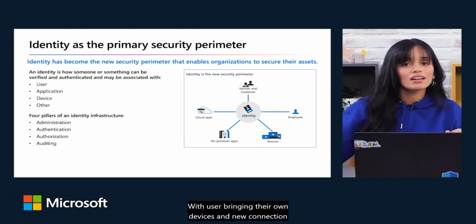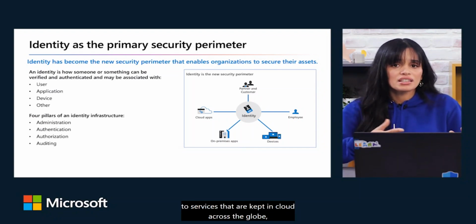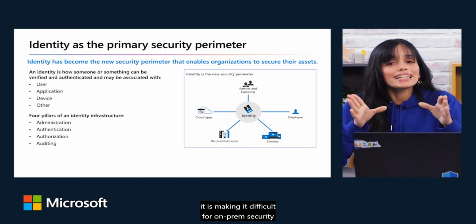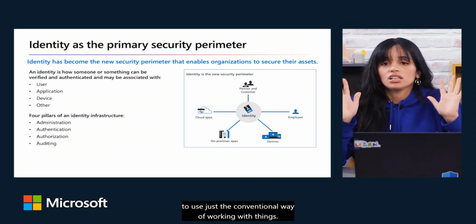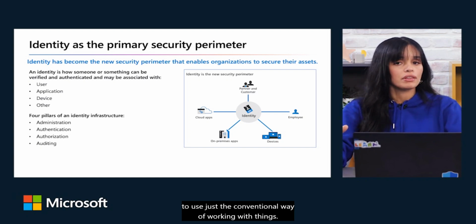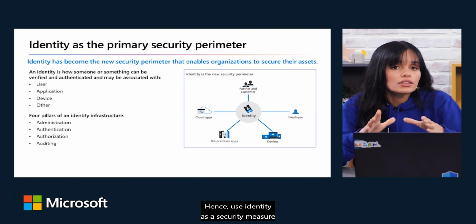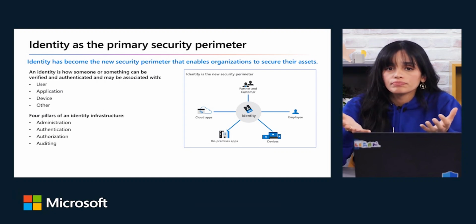With users bringing their own devices and new connections to services that are kept in the cloud across the globe, it is making it difficult for on-prem security to use just the conventional way of working with things. Hence, use identity as a security measure to understand the perimeter of your solution.